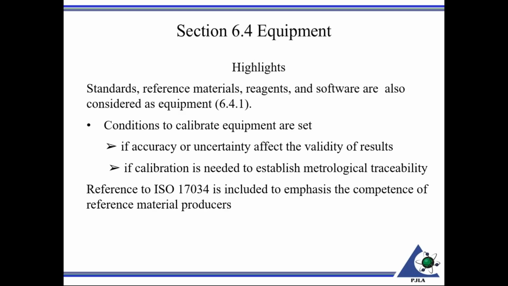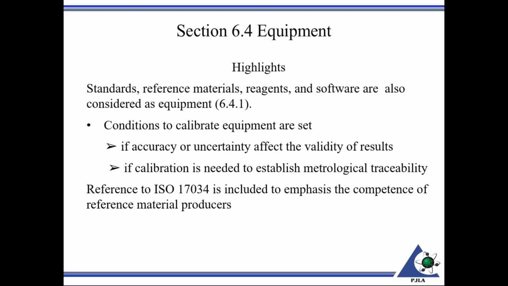All right, so we're going to switch gears here. That's section 6.3, facilities and environmentals. We're going to look at the requirements now on equipment, which is section 6.4. Some of the highlights that were brought forth when the standard was revised in 2017 is a lot of emphasis on reference material, reagent, and software.